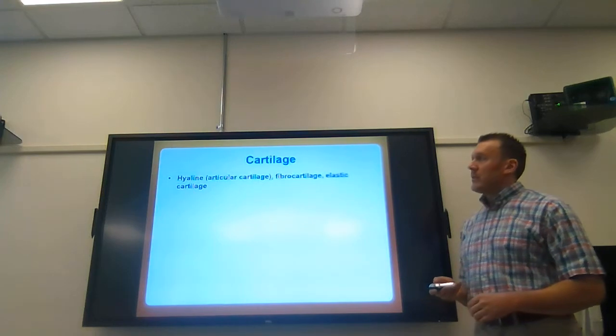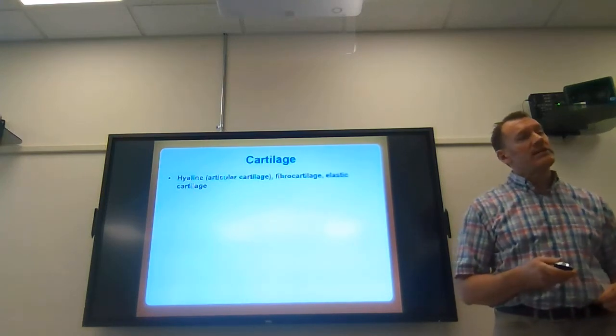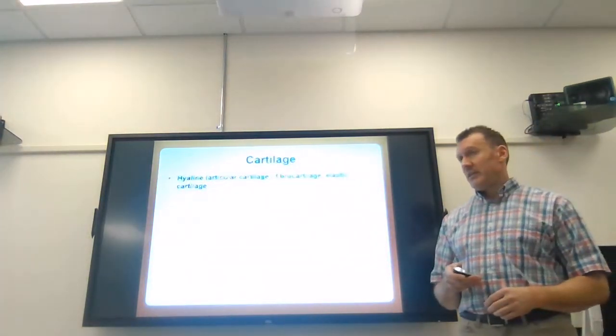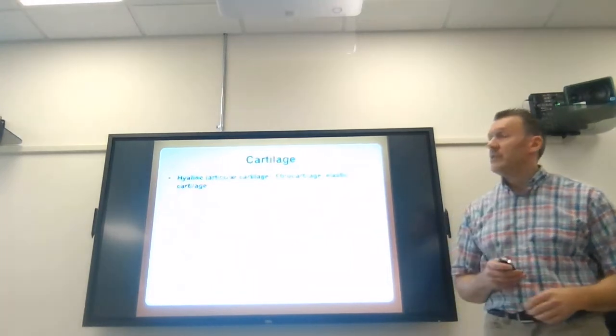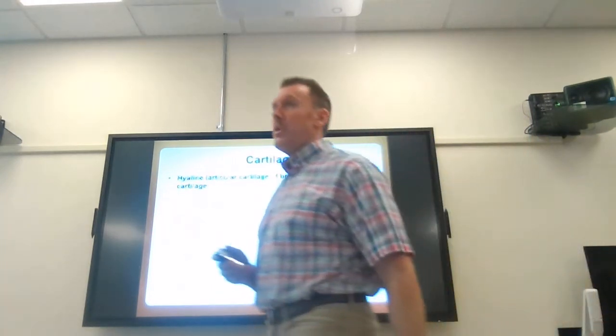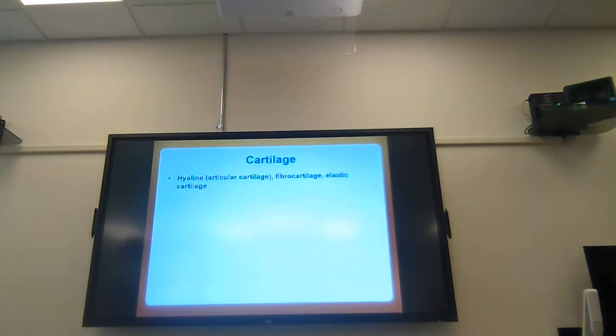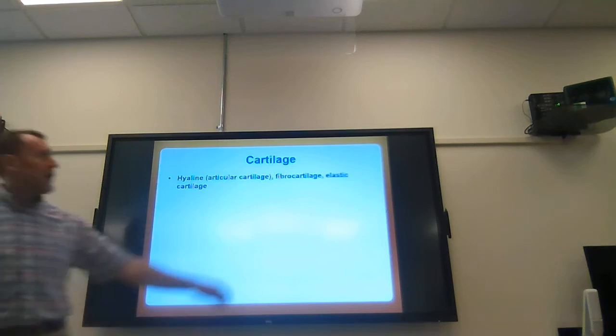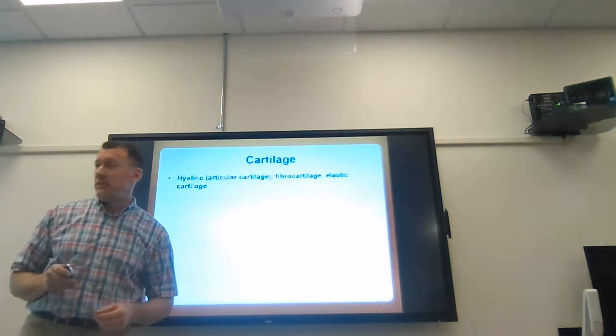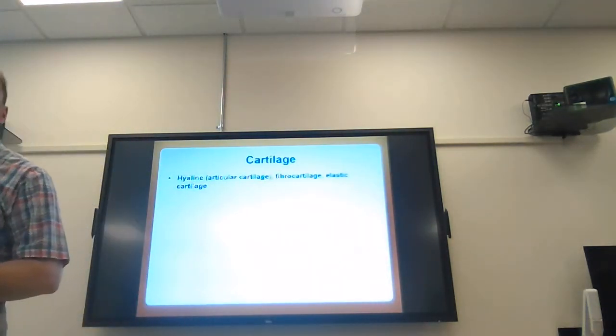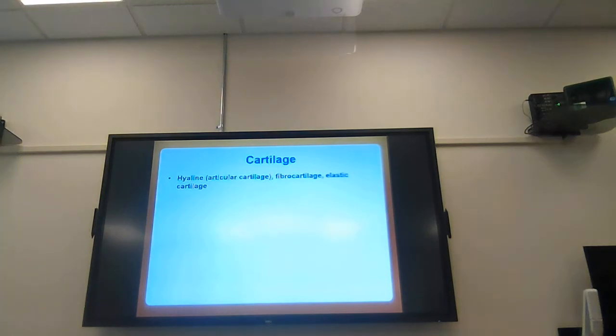So cartilage. Cartilage is a type of connective tissue. We have different types of cartilage in the body. So hyaline or articular cartilage at the ends of bones. We also have fibrocartilage. Can you think of any examples of fibrocartilage? Yes, thank you, Logan. Good.